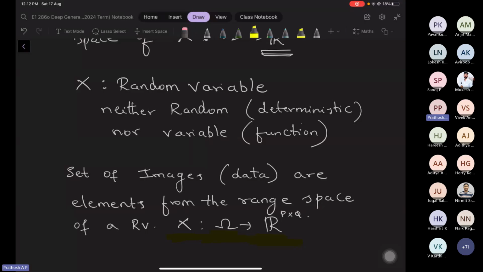Questions, Raghavendra? So this is just one function which maps it, right? There could be many random variables defined over the same sample space. Yes, precisely. In this example, the set of persons was our sample space, and you can define multiple random variables on top of it. For example, some gene profile could also become a random variable.